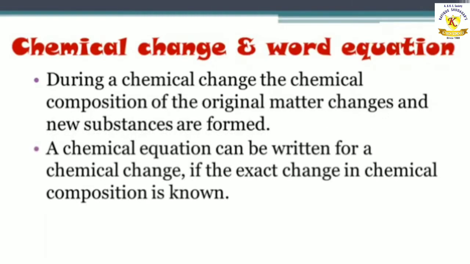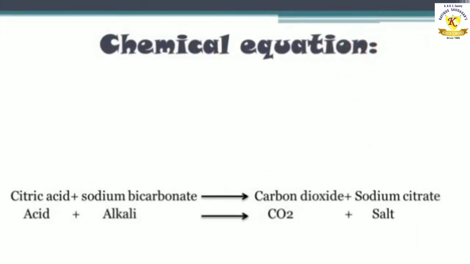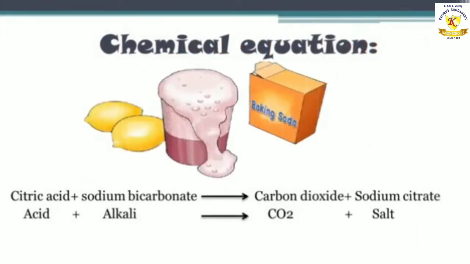So a chemical equation can be written for a chemical change if the exact change in the composition is known. Here, names and chemical formulae of the original substances and newly formed substances are used while writing a chemical equation. We will study this with the help of an example.